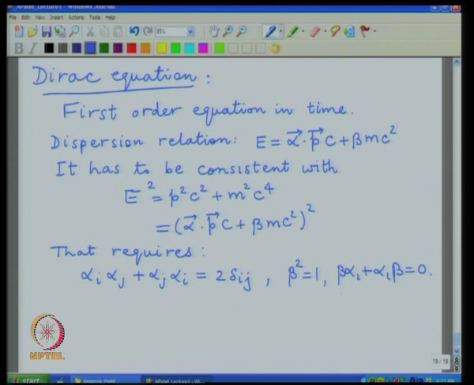So, he explicitly required a set of objects which mutually anti-commuted and each one of them squared to identity.